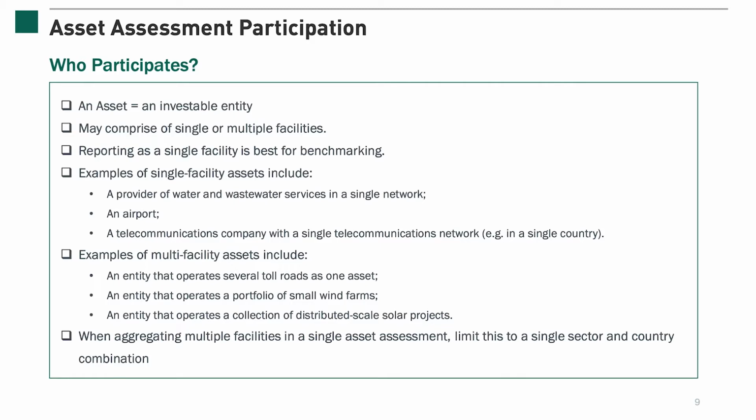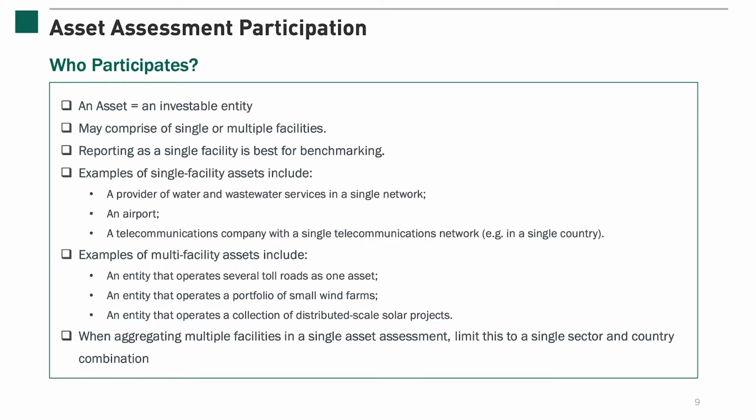If a participant elects to report on multiple facilities in a single asset assessment, then it is strongly recommended that this aggregation be kept at a single sector and country combination. Otherwise, peer group comparisons are likely to be far less specific and useful.